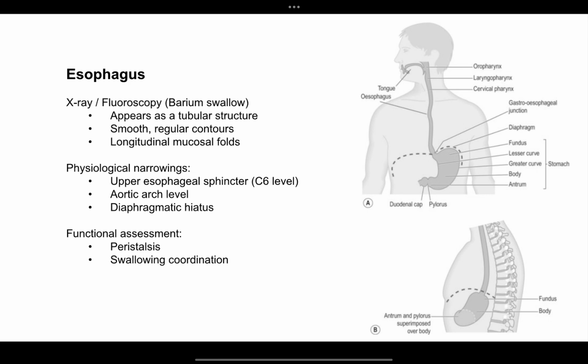These studies help evaluate the contour of the esophagus, physiological constrictions, swallowing function, peristalsis, and luminal narrowing. Fluoroscopy is especially useful because it allows us to evaluate both structure and movement during swallowing.